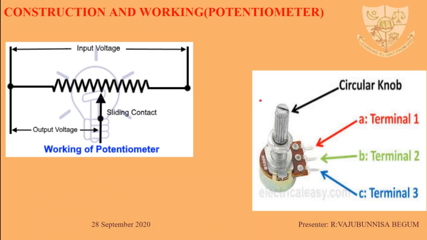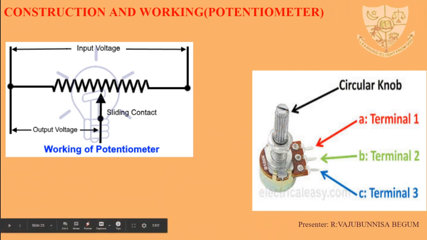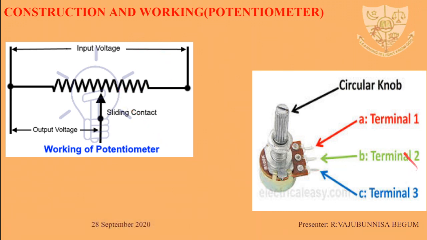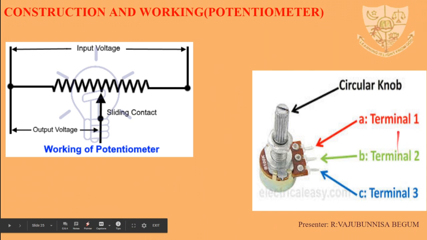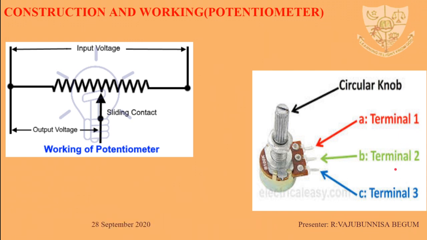Here we will see a few devices which are categorized under variable resistors. One is the potentiometer, another is the rheostat. The potentiometer is also called a pot. It is a variable resistor that has 3 terminals, 2 fixed terminals and 1 variable terminal.